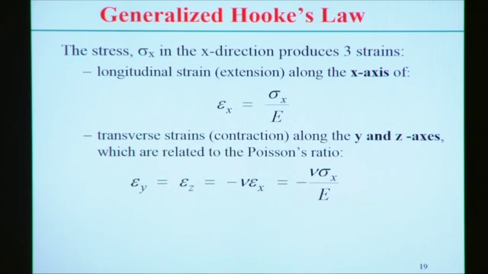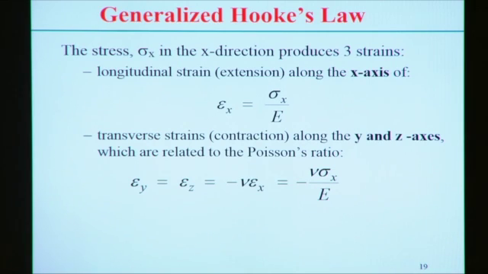Now, Hooke's law states that stress is proportional to strain, but how can we apply this Hooke's law in the case of a three-dimensional stress state? Suppose the stress sigma x is acting in the x direction, and that actually produces 3 strains.